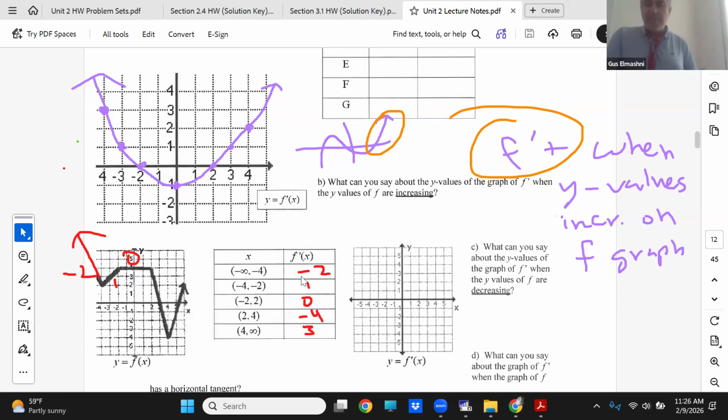So now what you're going to do is graph it like this. And by the way, these are open intervals, mind you. These are open intervals. I'm going to draw it like this.